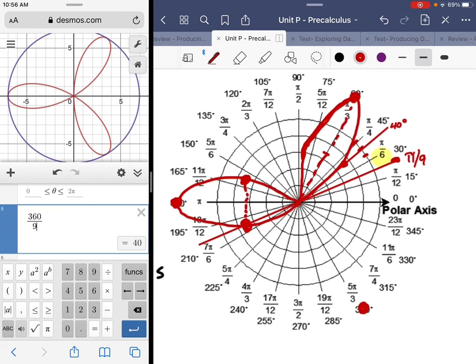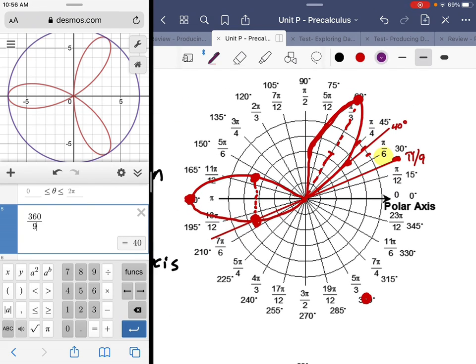Then, we're going away from that pi over 9. It's kind of like counting boxes, except they're not boxes. I would be saying, all right, how can I get to this point? Well, I'd go 1, 2, 3, and then up from there about 1, 2, and 2/3.